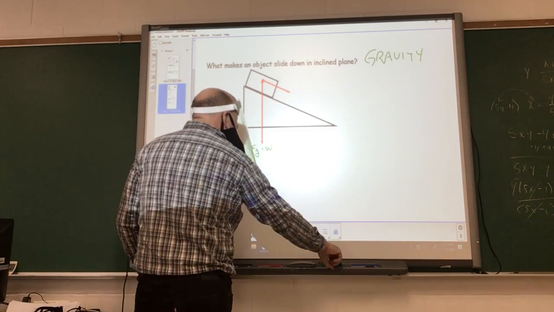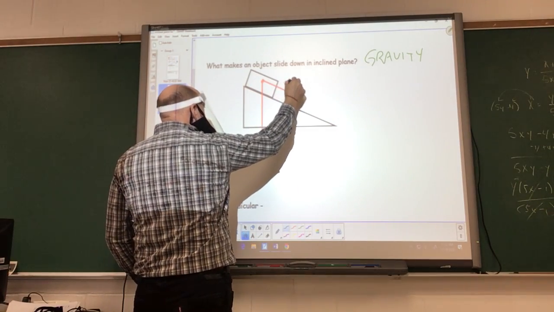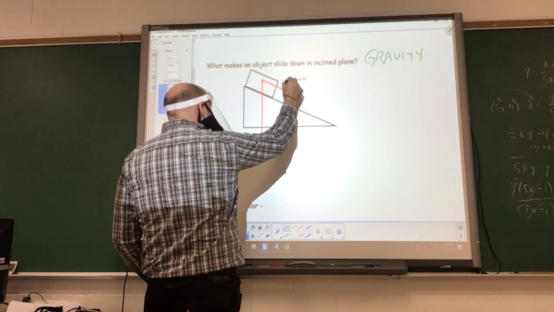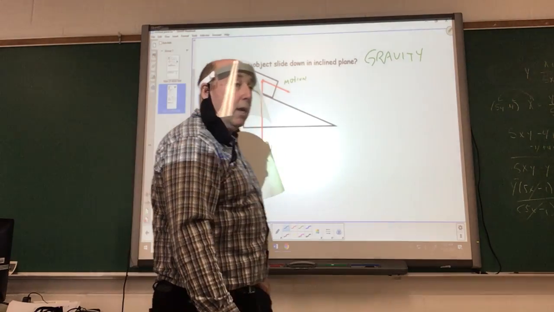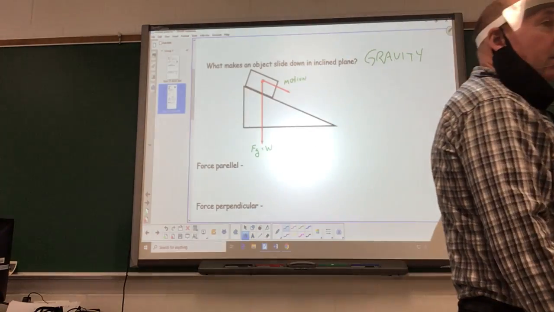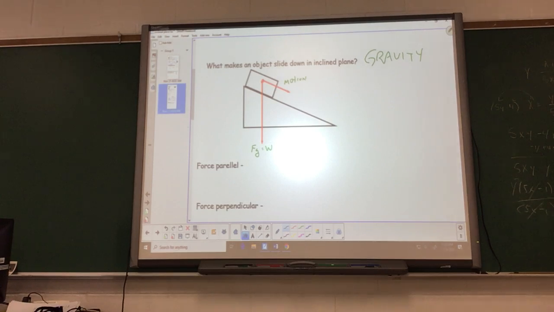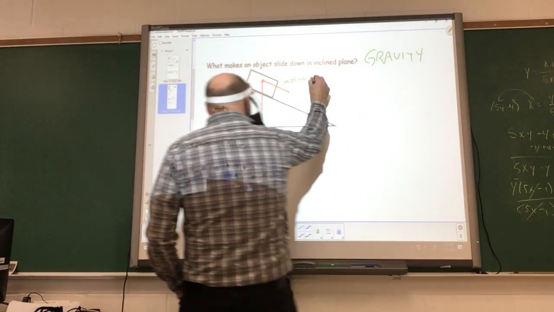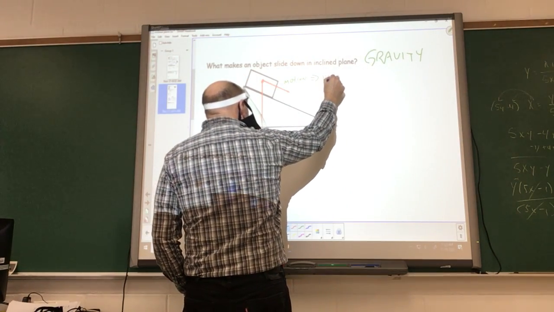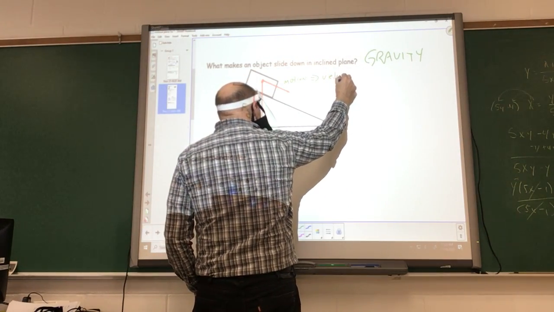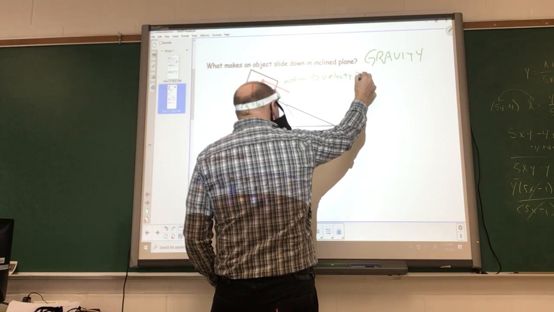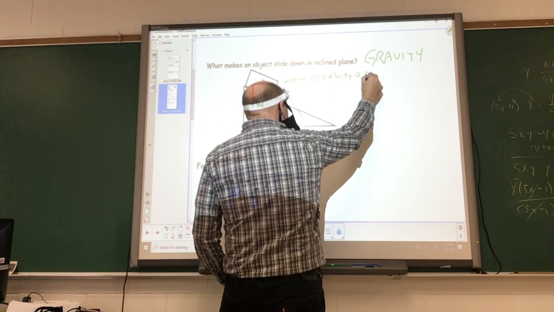This is your motion down the hill. If that's our motion going down the hill, this is going to give you velocity. And to give you velocity, we have to have acceleration.